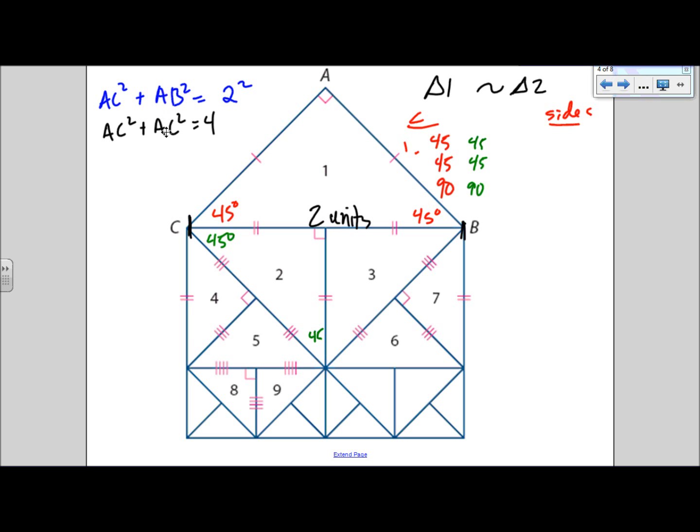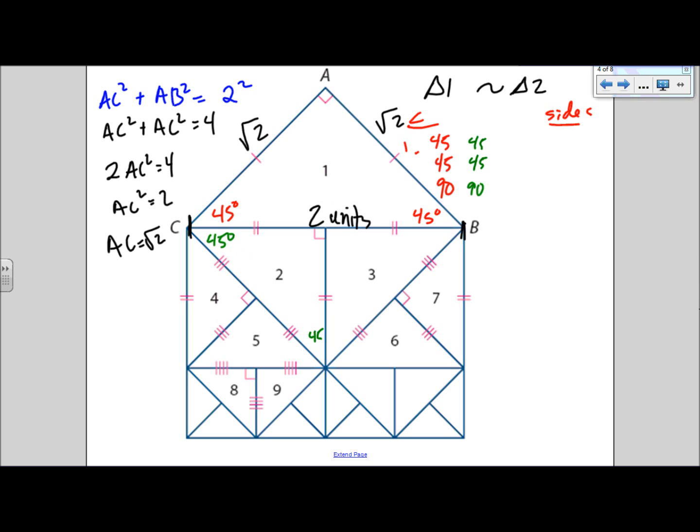Now the little step right here, if I was writing this as a proof, this would be a substitution. Now I have 2AC squared equals 4. AC squared equals 2. So the length of AC is the square root of 2. Normally take the square root plus or minus, but it's geometry. That length is square root of 2. So it's square root of 2, square root of 2, 2.